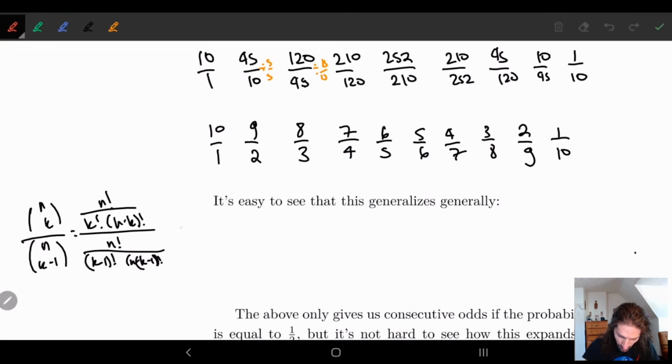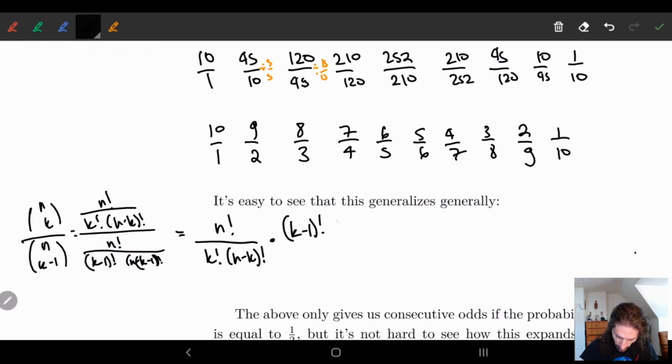Okay, cool. So let's flip it and reverse it. So we have n factorial over k factorial n minus k factorial times k minus 1 factorial. So here I'll distribute this negative sign, n minus k plus 1 factorial over n factorial. These n factorials cancel. This k minus 1 will remove everything except for 1k.